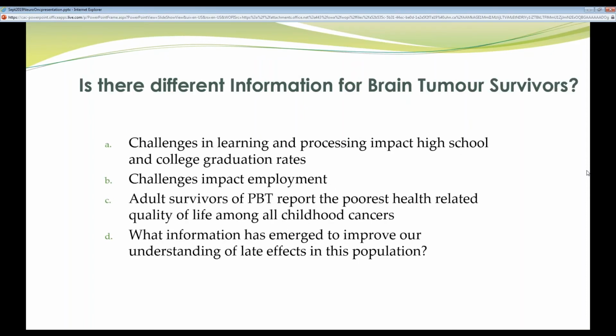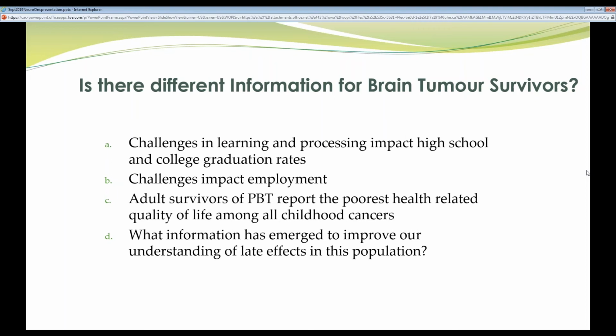So if you can imagine someone's in high school and their learning and processing has been somewhat impacted, then a lot of survivors can actually graduate high school, but pretend that learning and processing is impacted as a delayed consequence of treatment, then that can for sure impact employment.